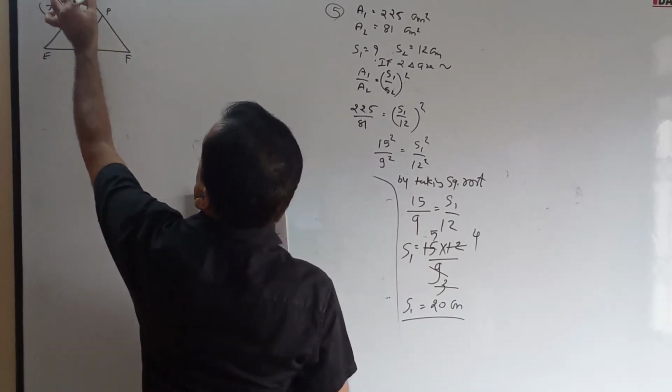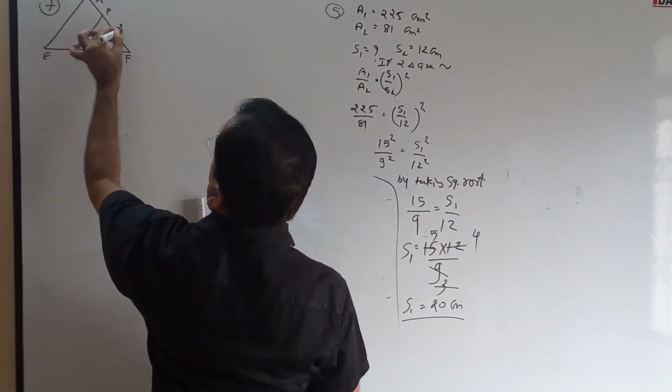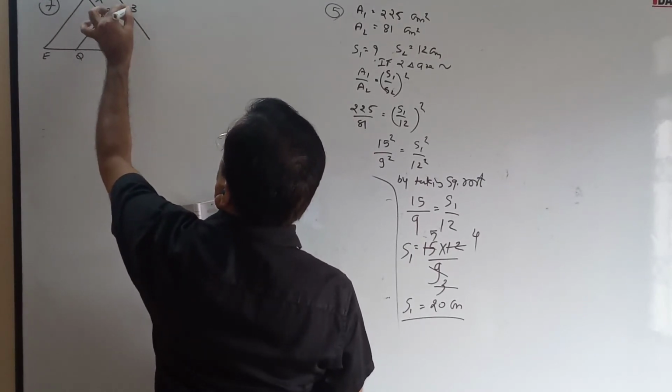This much is given x, this much is given 2x, so this much is 3x.